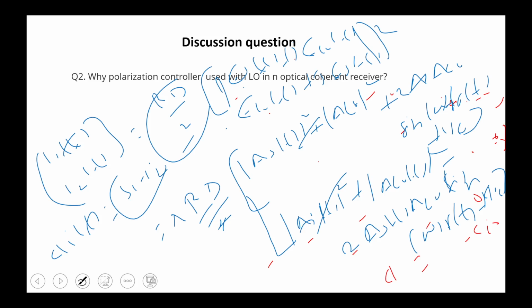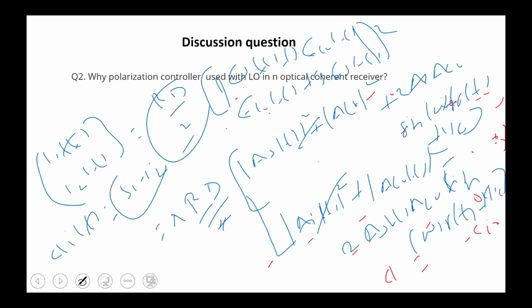If in place of AS(t) and ALO we put the amplitude of that signal, it will be PS(t) and PLO square, the variance; we take the amplitude variance, signal variance. So it will become 2 RD square root of PS PLO sin(omega IF t plus delta phi).